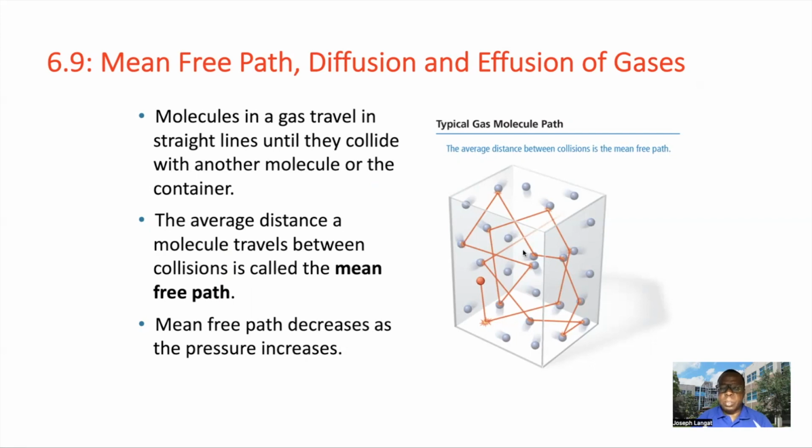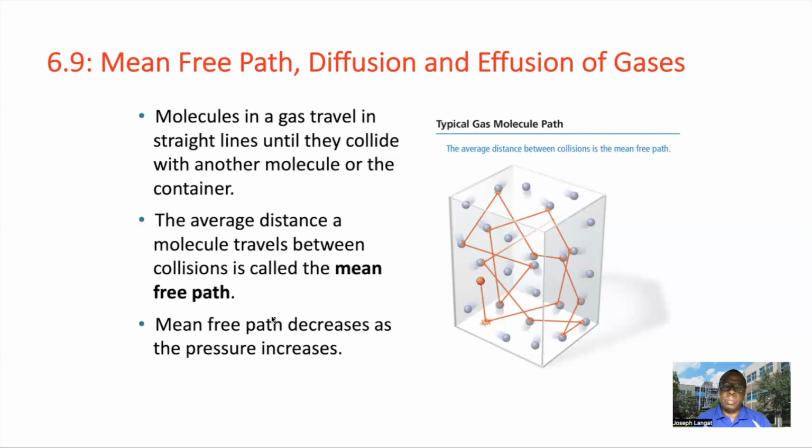You can imagine that if we decrease the volume of this container, there will be more collisions. Gas molecules in this container, if we decrease the volume, will travel less distance to make a collision.